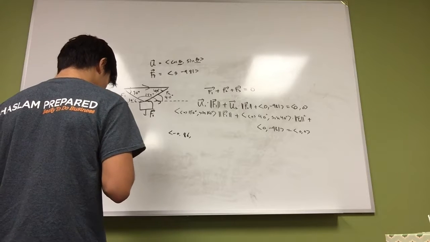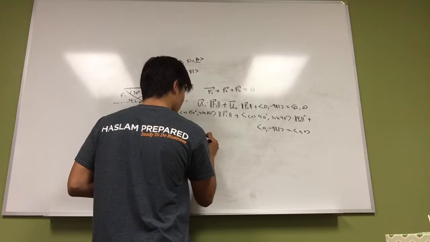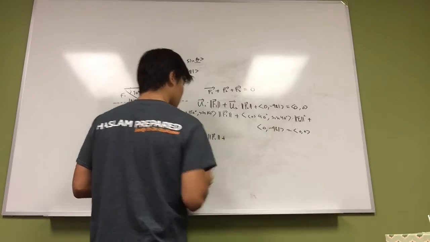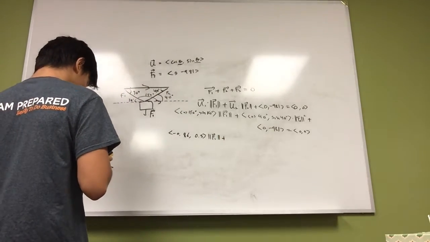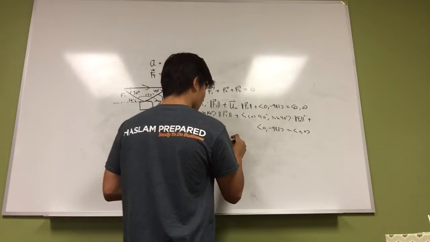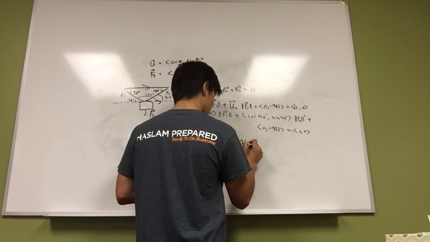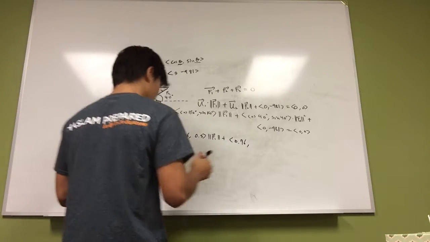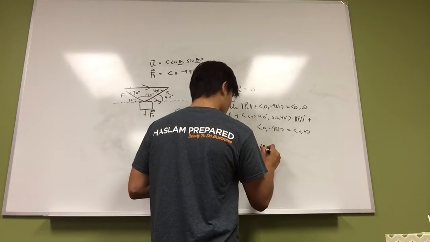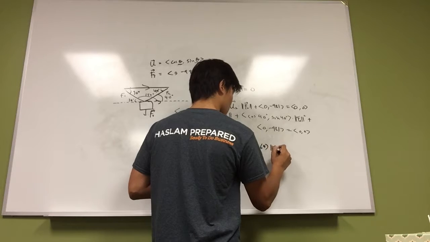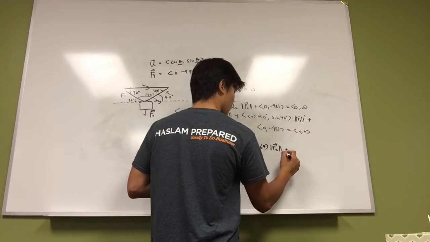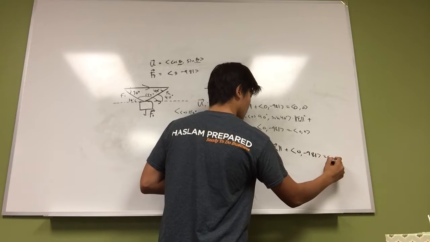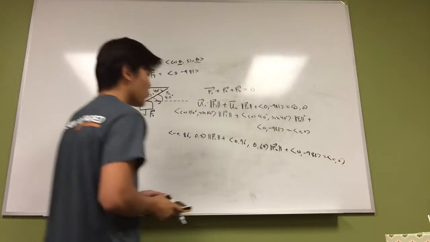Sine 150 is 0.5, plus cosine 40 is 0.76 and sine 40 is 0.64, and then 0, negative 1, equals 0. Now we have two variables.